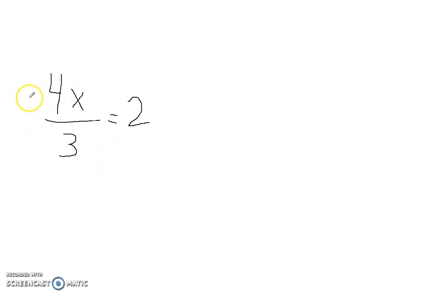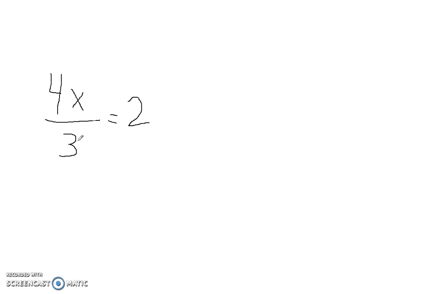But people just seem to not like anything that's written like a fraction. But what we can do is we can say again, x is the variable, and we want to say, well, what's cramping x's style? Well, the 4 is definitely cramping x's style, and the 3 is cramping x's style.